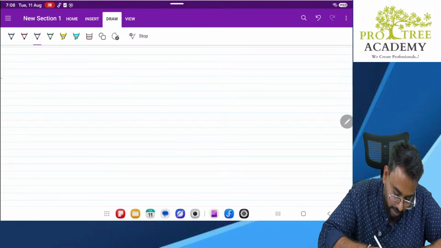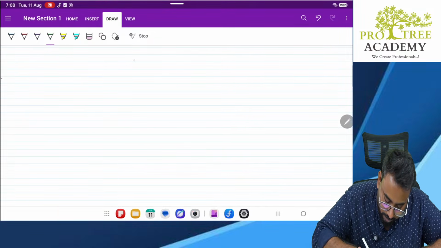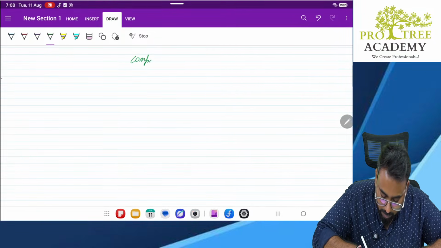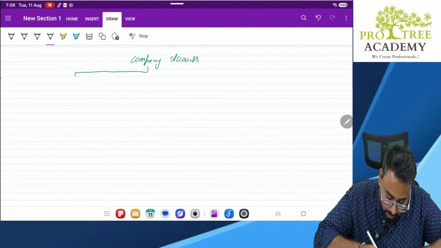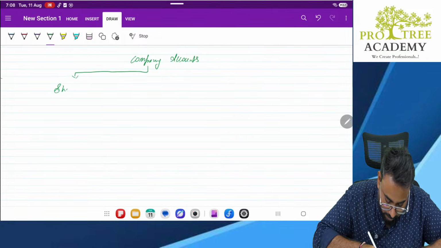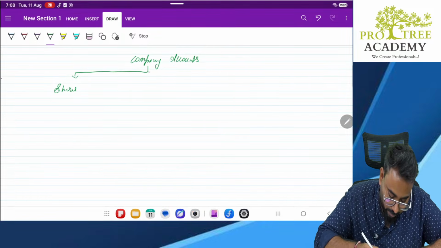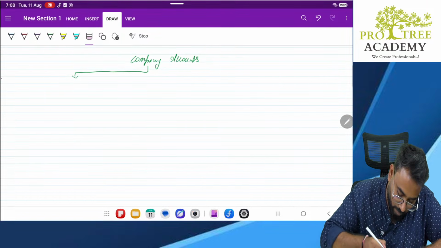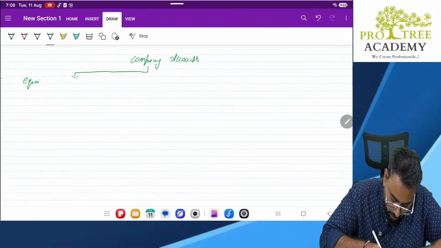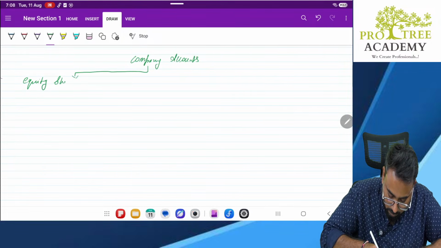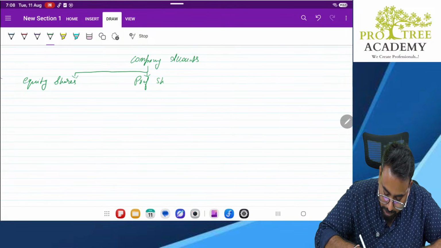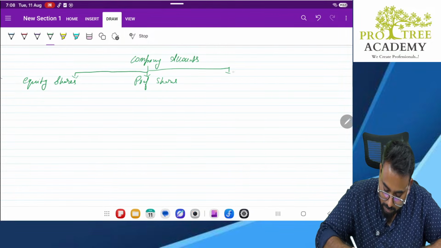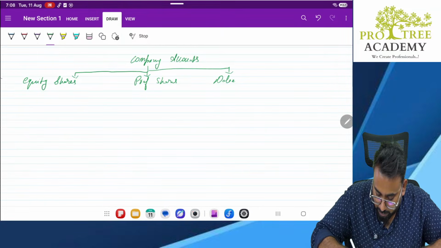So the next chapter which we are starting is company accounts. This chapter basically deals with shares, equity shares, preference shares, debentures.